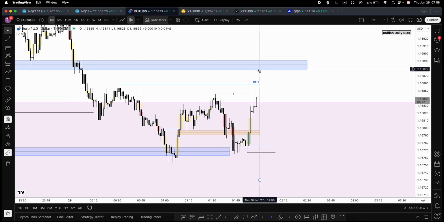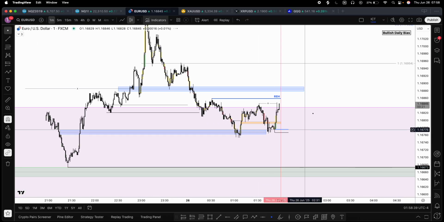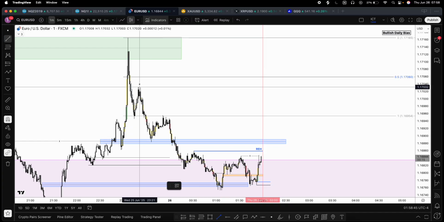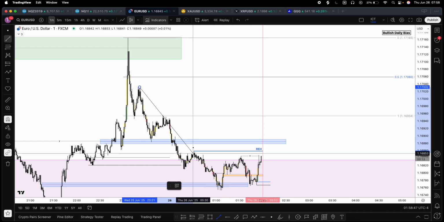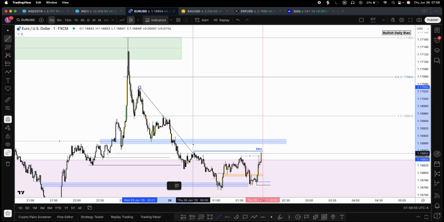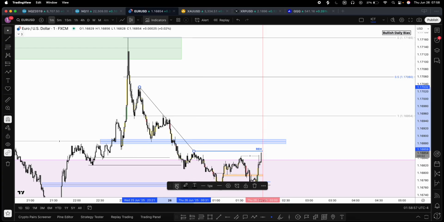We could enter straight away on there, but looking at this, we do have a downwards trend line here.